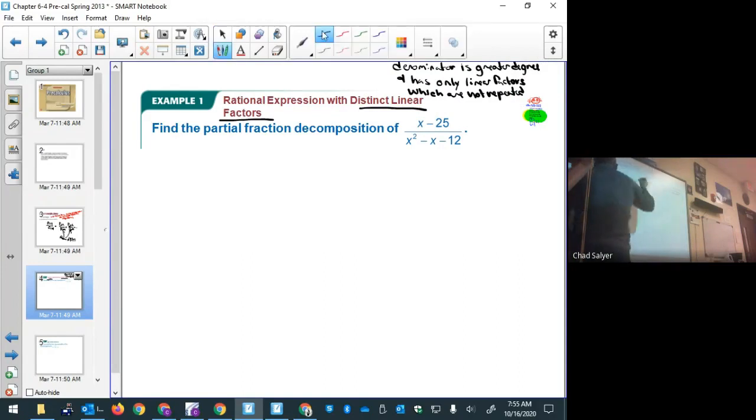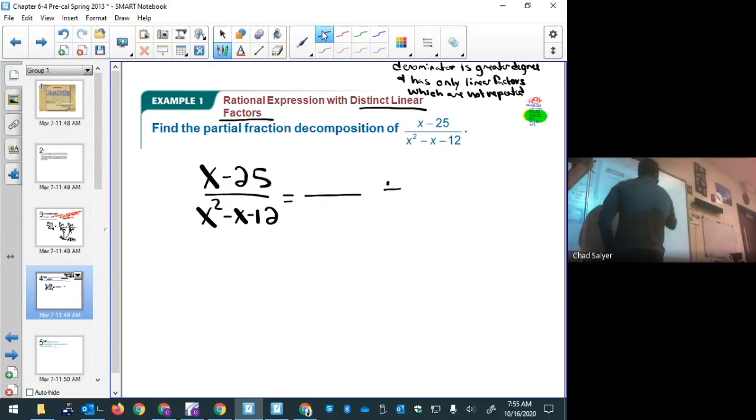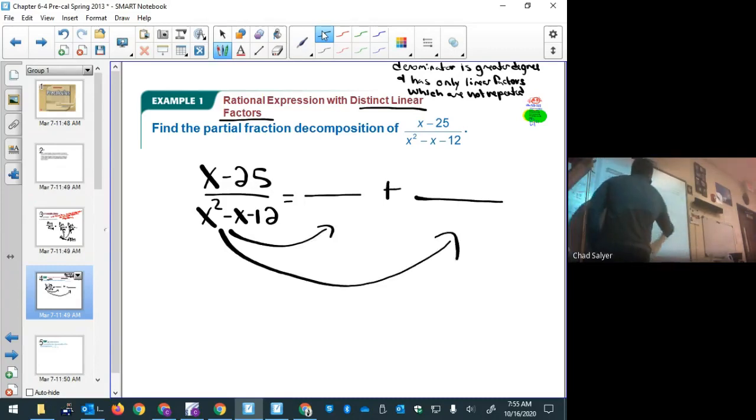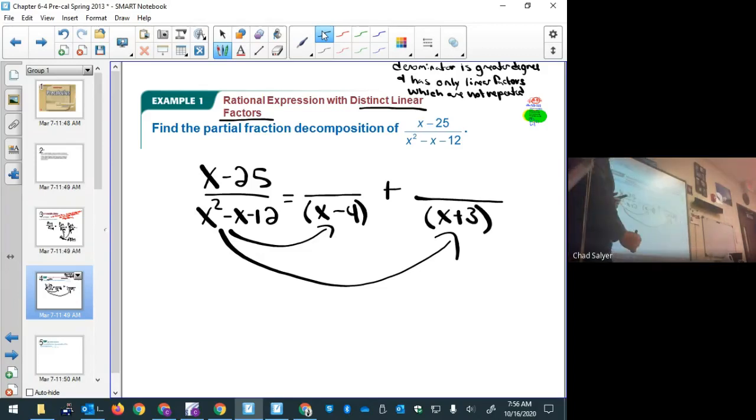So what I'm going to say is the original rational expression is going to be equal to some sum of two rational expressions where the denominators are the factors of the original denominator. Like so.